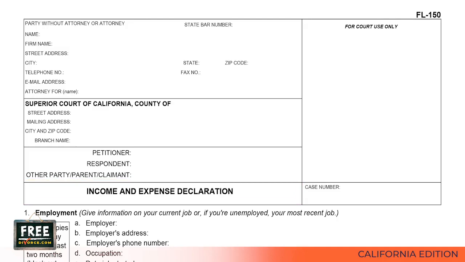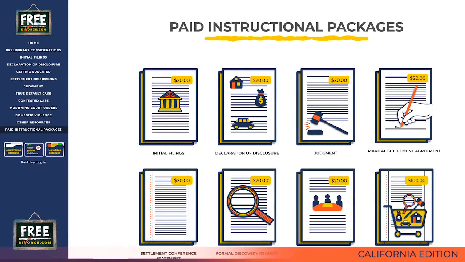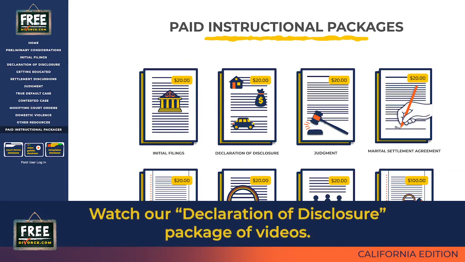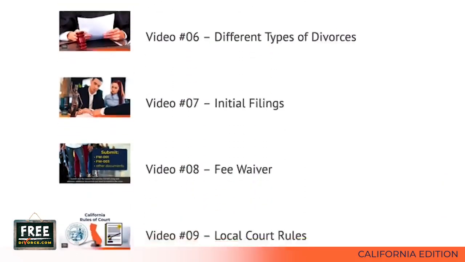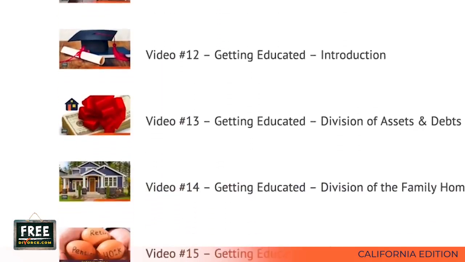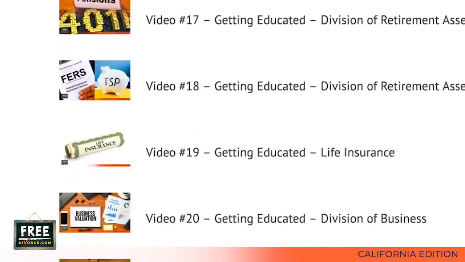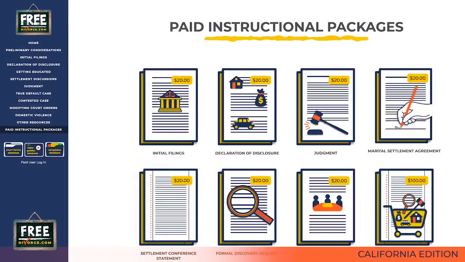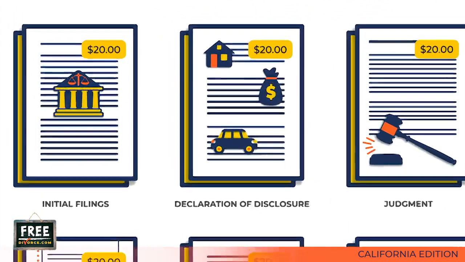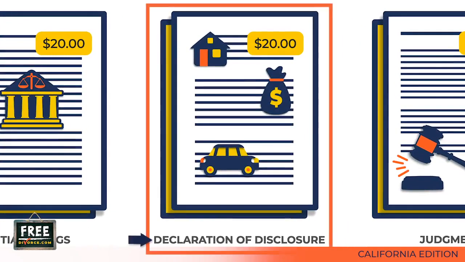If you want help filling out the FL-150, we have a video that is part of our Divorce Declaration of Disclosure package of videos. Our website is primarily about how to do your own divorce. We have lots of free divorce-related videos. A few of our divorce videos are instructional videos that will walk you through how to fill out certain key divorce court forms. 4 of the divorce videos are included in one package of videos called the Declaration of Disclosure package.